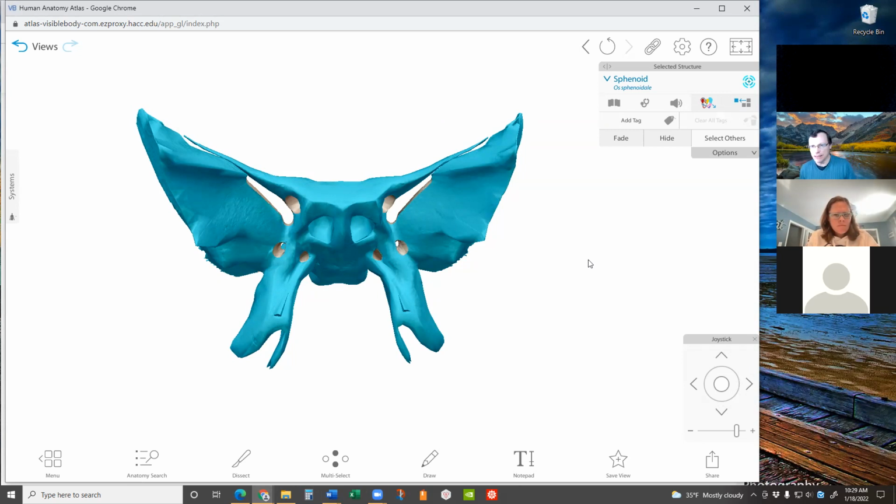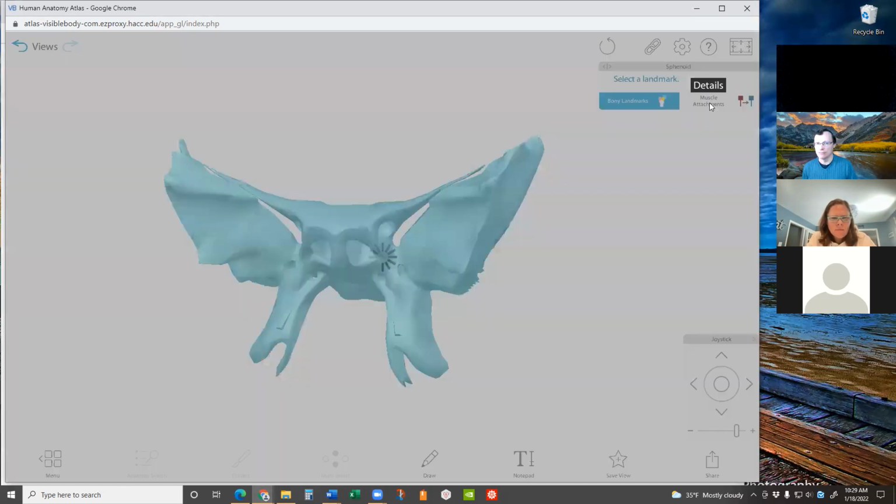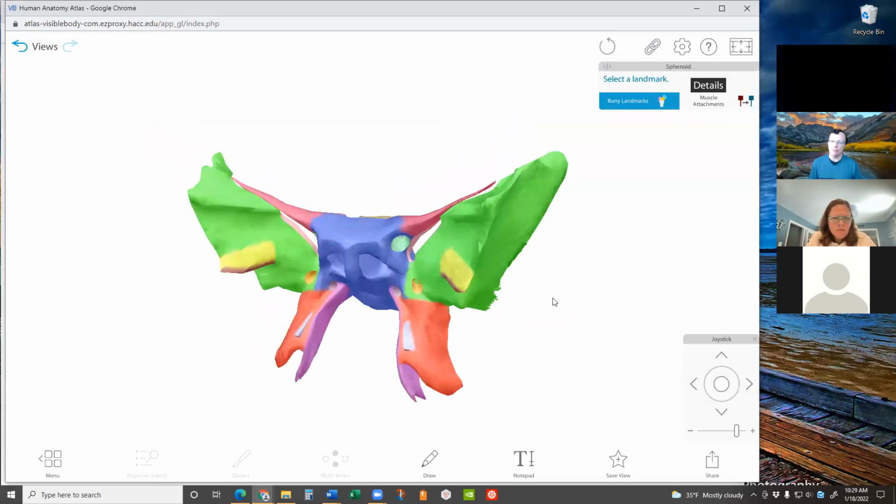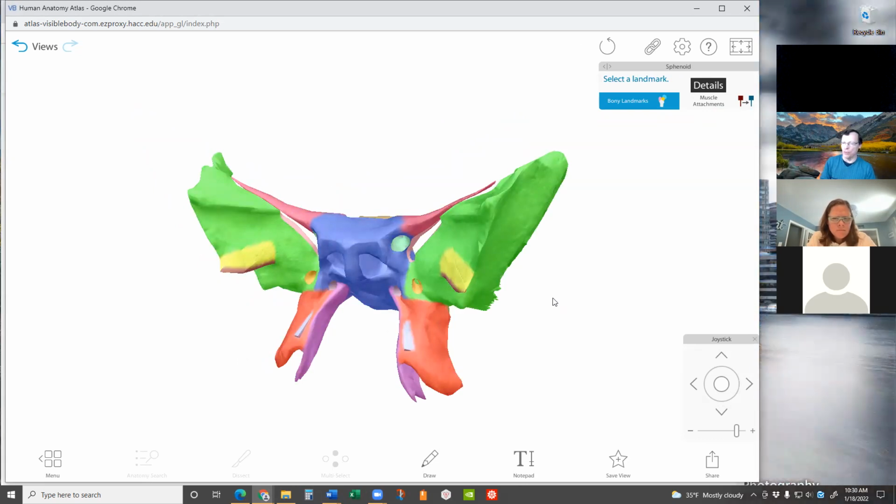In the selected structures window, go to the multicolored icon which says details. Click on that. 1, 2, 3, click. You should now have a multicolored, rainbow colored sphenoid bone on your screen.